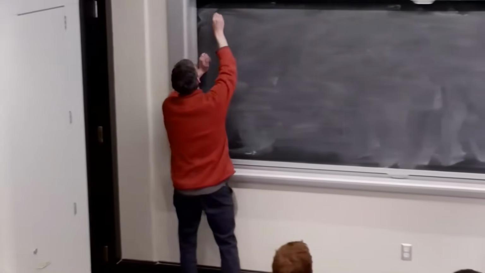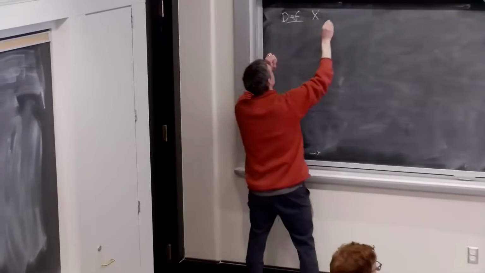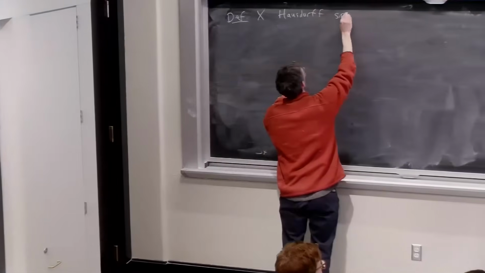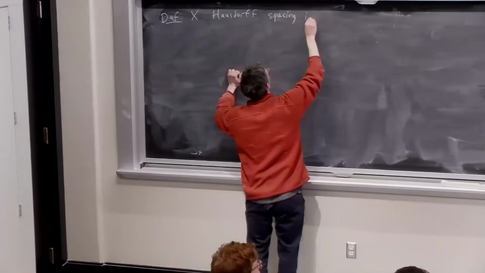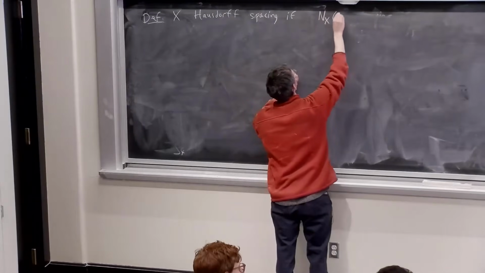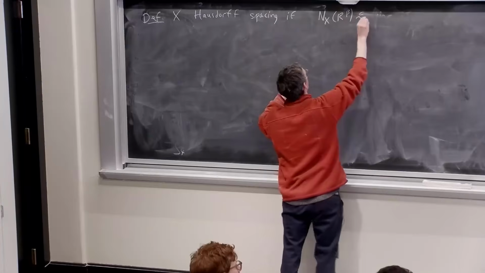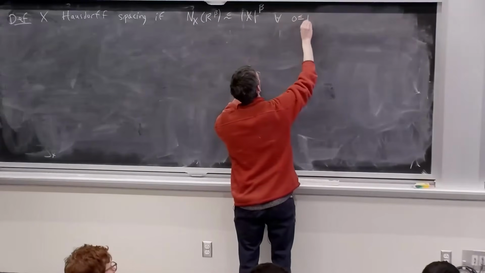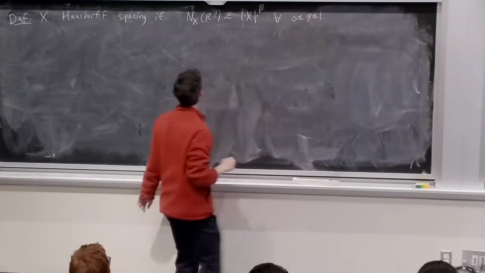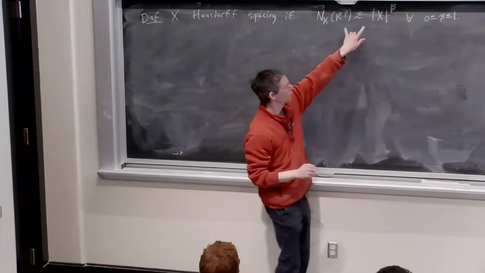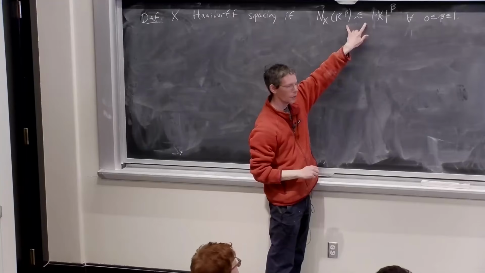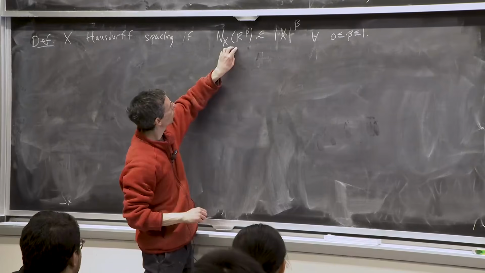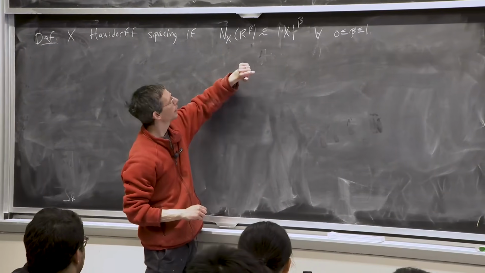So definition, we say X has Hausdorff spacing if n_X(r) to the beta is bounded by around X to the beta for all beta between 0 and 1. So when beta is 1, this is trivial. This is always true. But this is saying that at smaller scales beta, this X is not too clumped compared to how it is at the top scale.